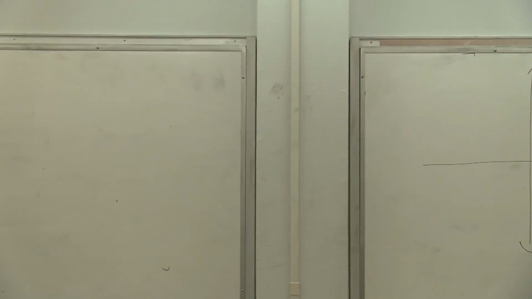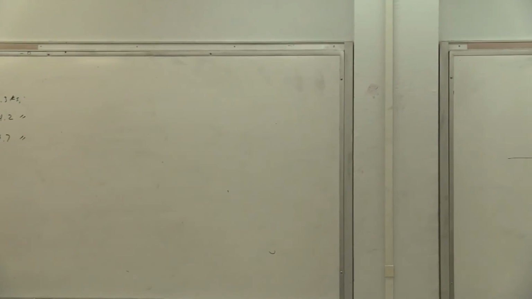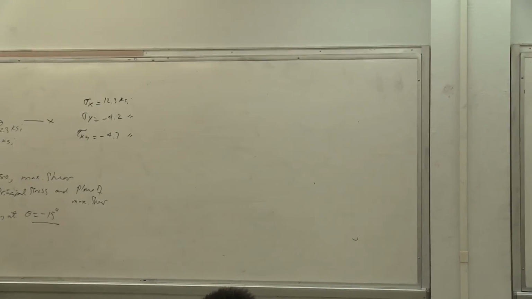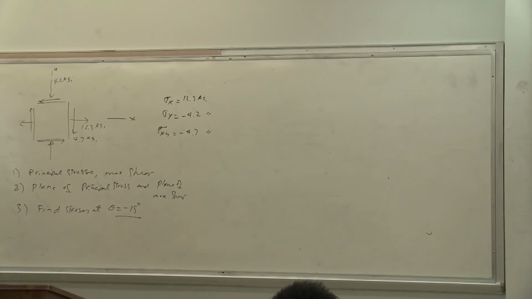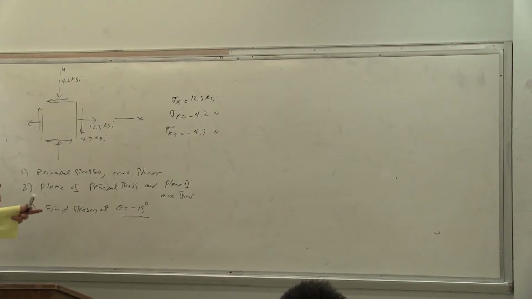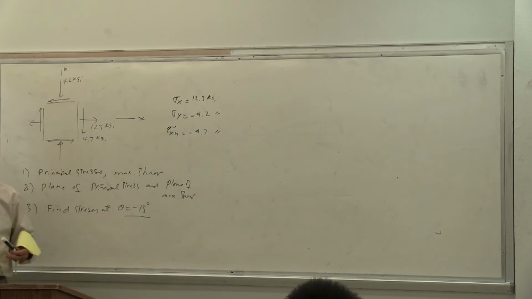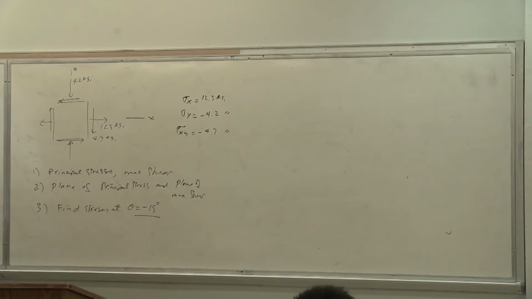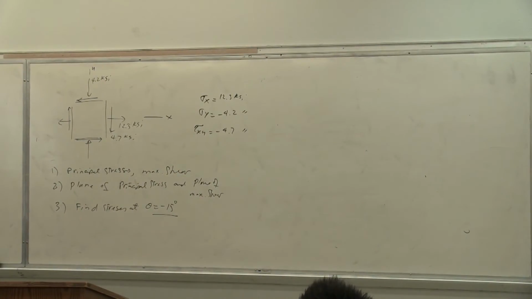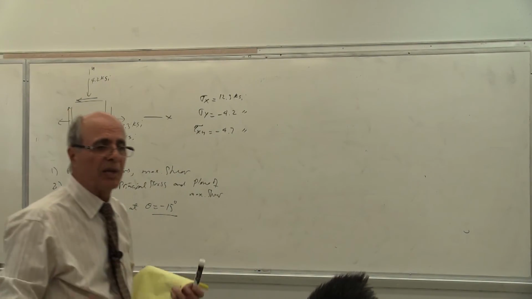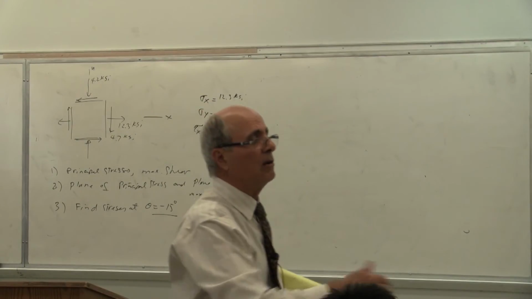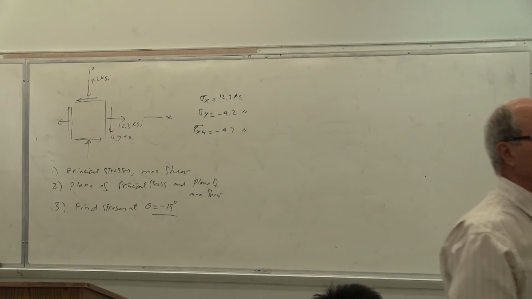Tau xy is minus 4.7 KSI. Is that correct, according to our sign convention? This could be different. Don't get me wrong, in a future problem I could call these y and z, because you are in a different plane. But that does not change the nature of the problem. You do the same thing. You just call it y and z instead of x and y.